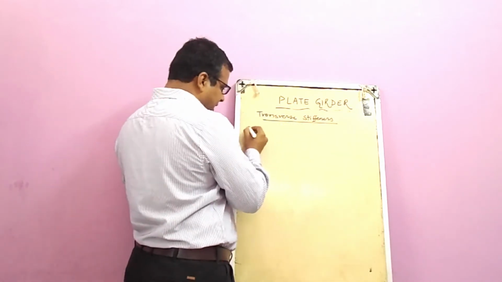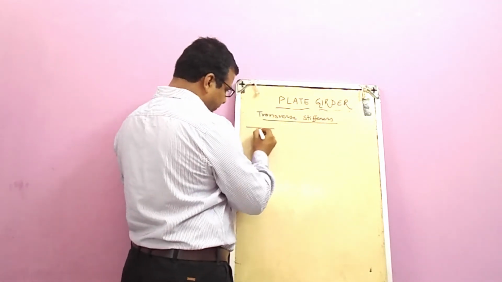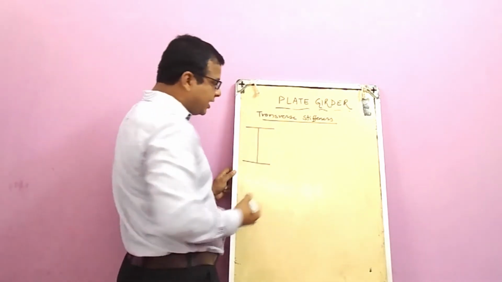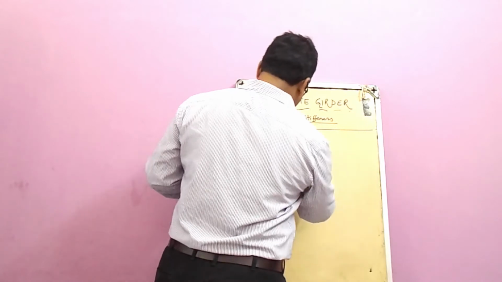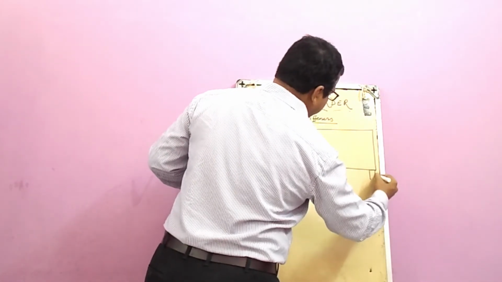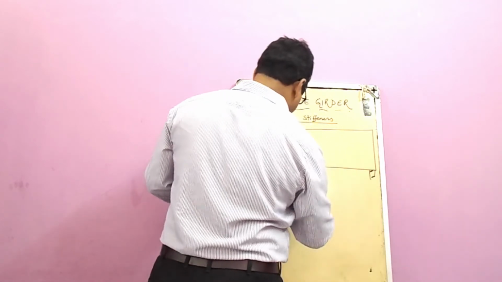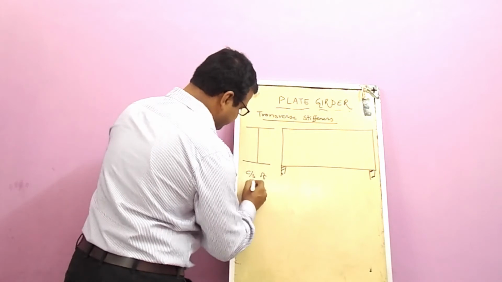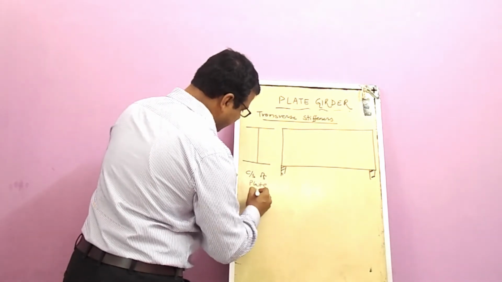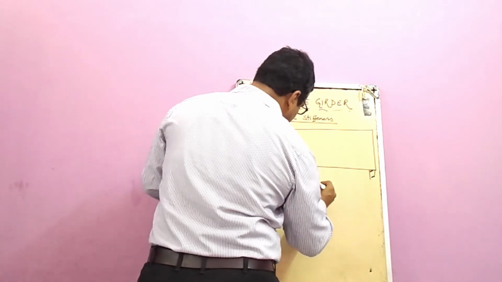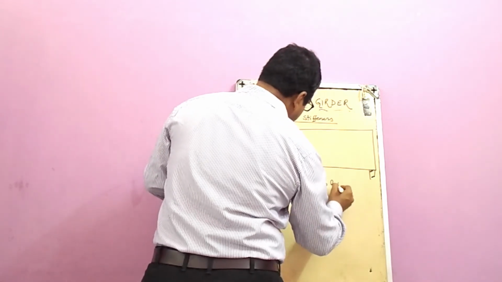So basically, let's say this is the cross section of the plate girder, and this is the L section of the plate girder.